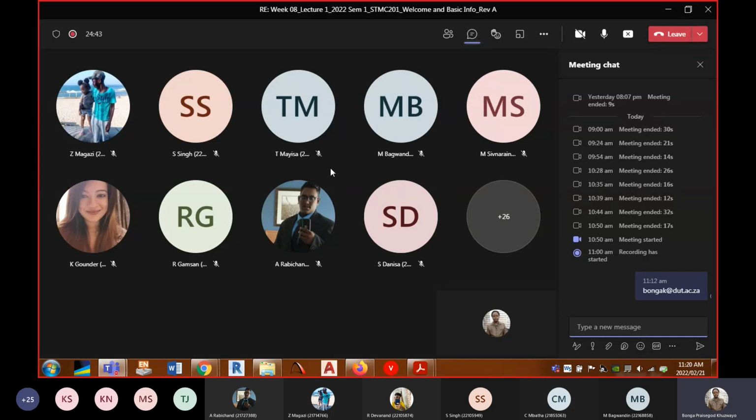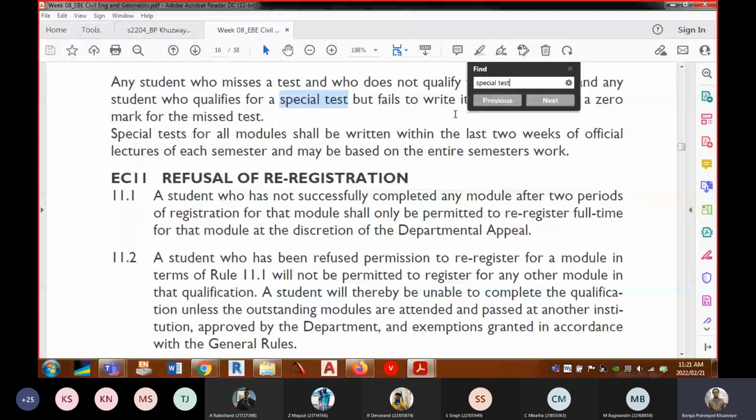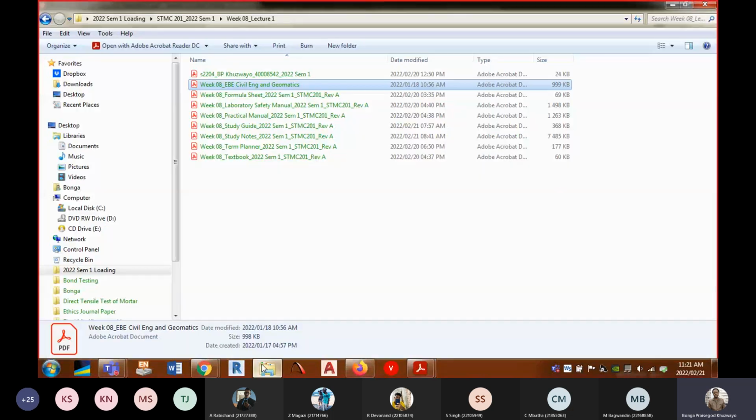Special test is like an exam, because it includes the work for the entire semester. Okay, right. So please make sure you go to the stuff that is in the departmental handbook.